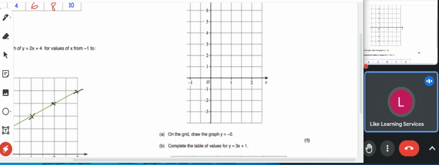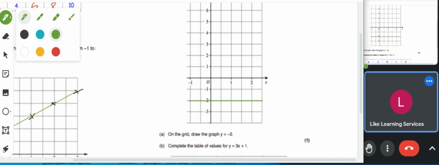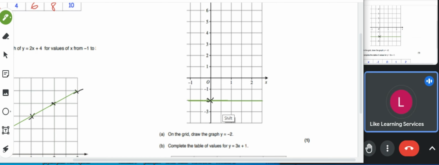Use your shift button so that you can get a proper horizontal line. Good. That's a graph of y equal to minus 2. Okay, you don't even need to plot it. So this is the graph of y equal to minus 2.